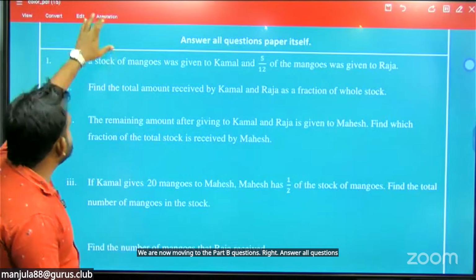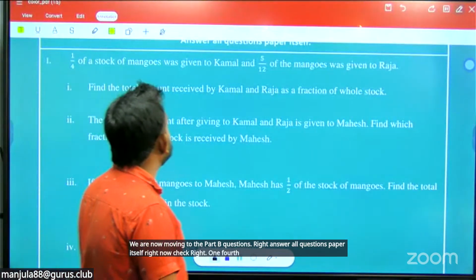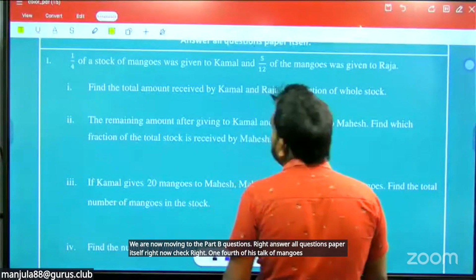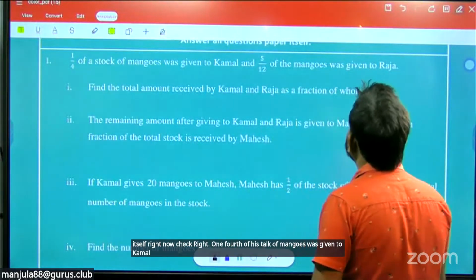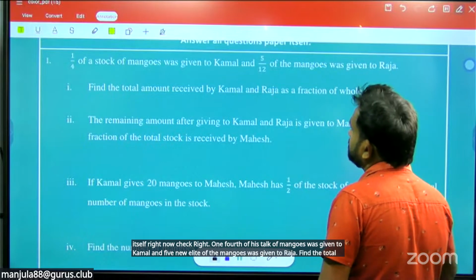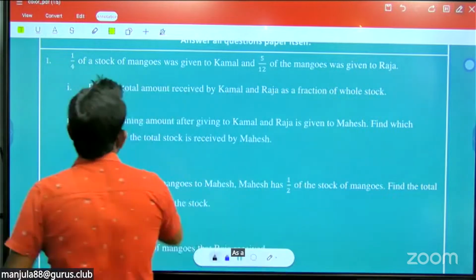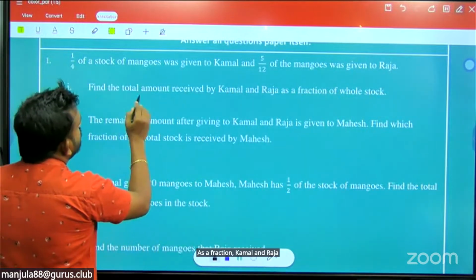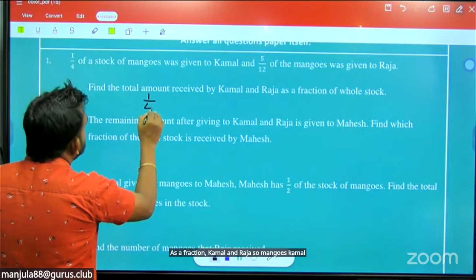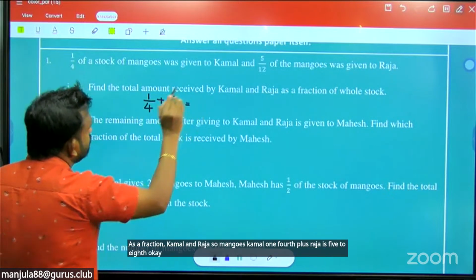Right, now check. 1/4 of a stock of mangoes was given to Kamal and 5/12 of the mangoes was given to Raja. Find the total amount received by Kamal and Raja as a fraction. So mangoes to Kamal 1/4 plus Raja 5/12. Now you can add these two fractions.